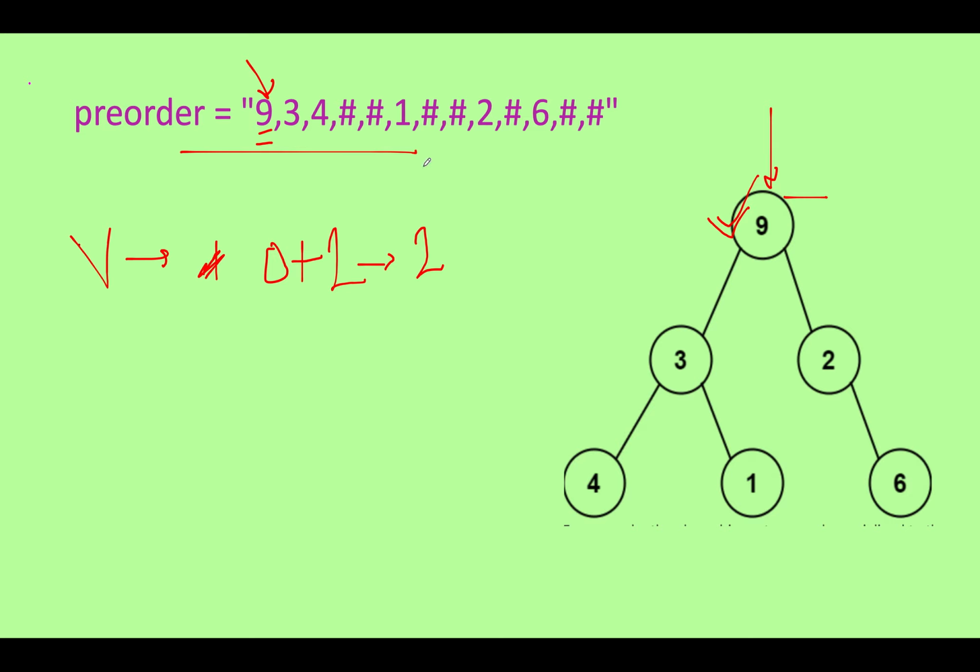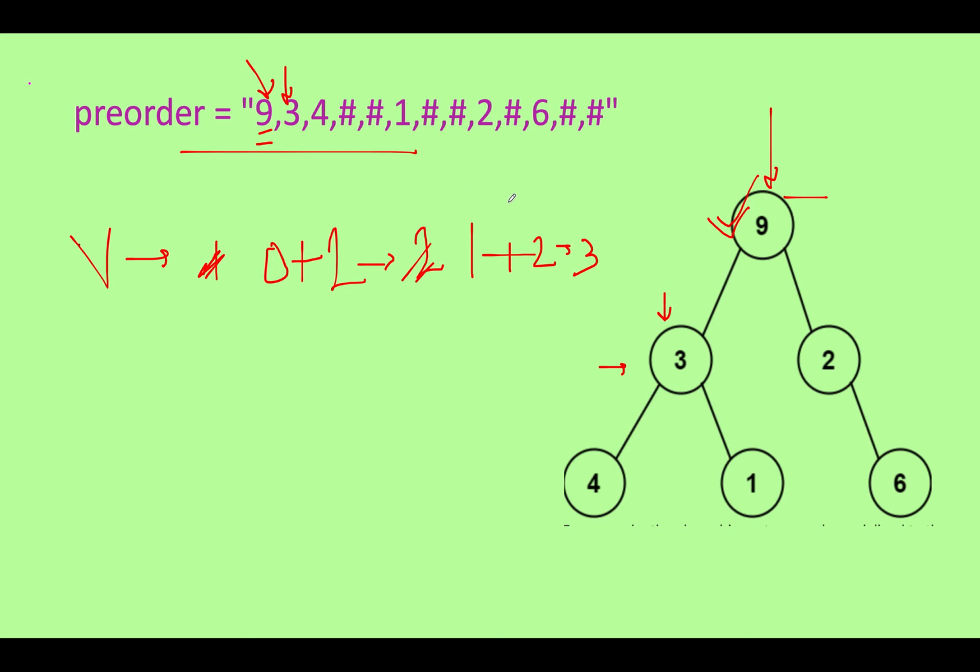Let's continue the process. The next node that we have is 3. Since we are visiting 3 right now, we will reduce the vacancy by 1. And since this 3 is a non-null node, it creates 2 more vacancies in the system. So we'll add 2 to it. So the vacancy gets updated to 3.